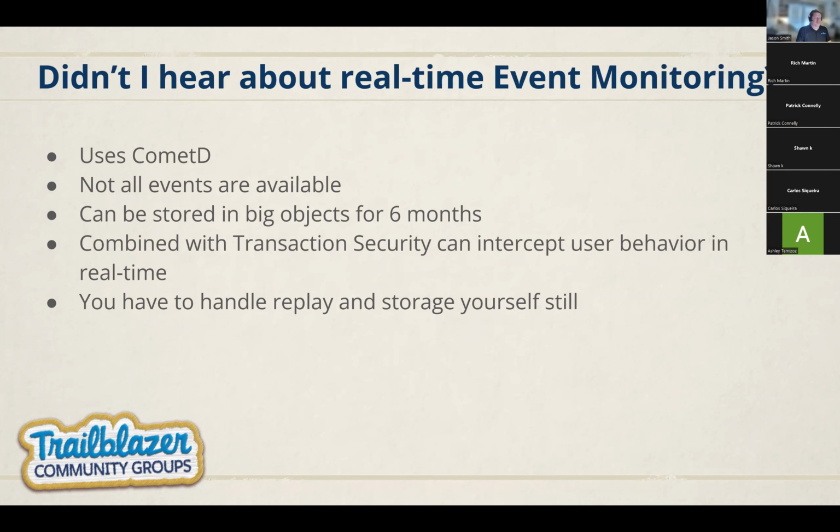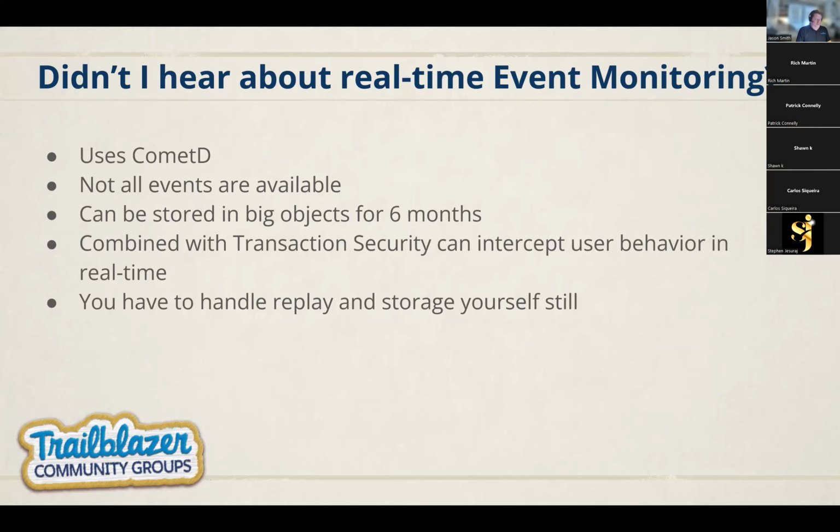The reason they're doing it is mainly for themselves, because they have a thing called transaction security, which can take user behavior, intercept it, and then act on it in real time. And behind the scenes that is using real-time event monitoring. So, for example, you could do a transaction security rule that says if somebody runs a report that returns more than 100 contacts, email an admin, because who knows, that person may be trying to take all your contacts and run away to another company.